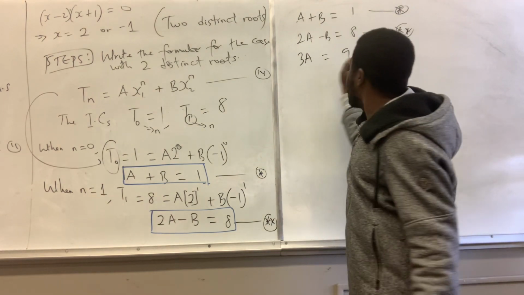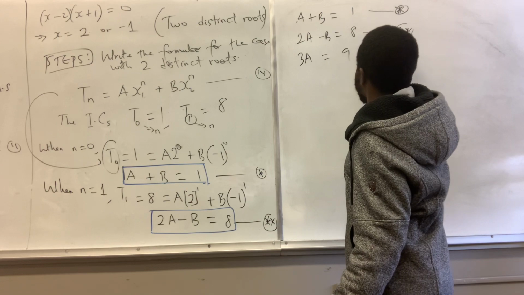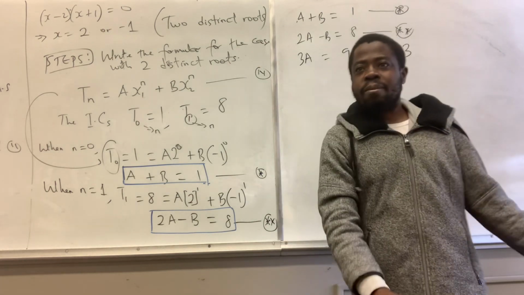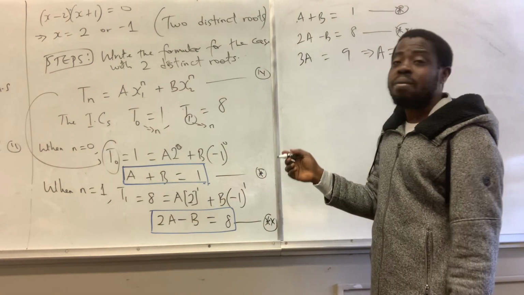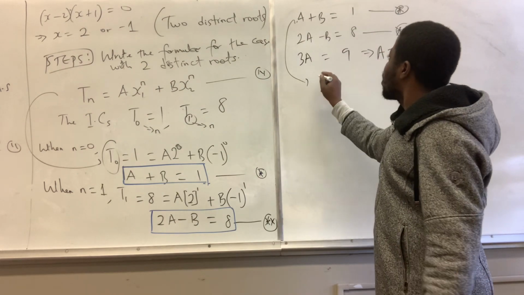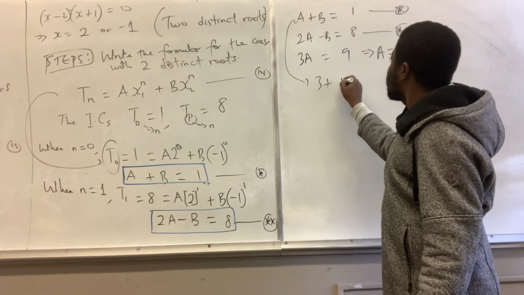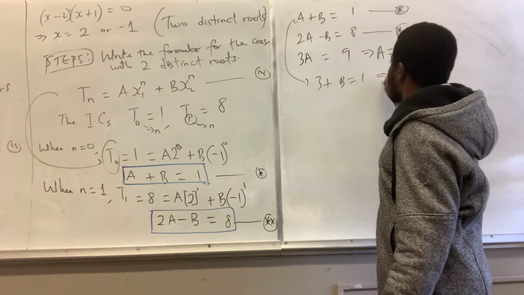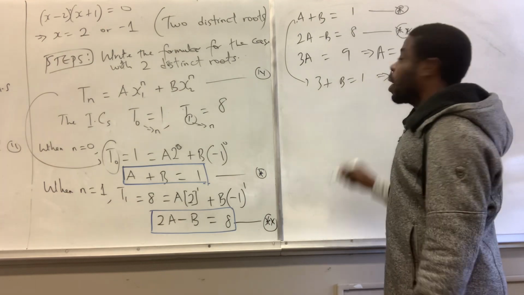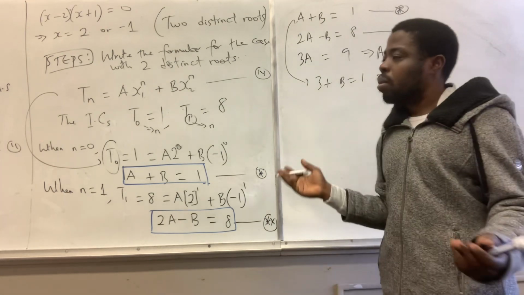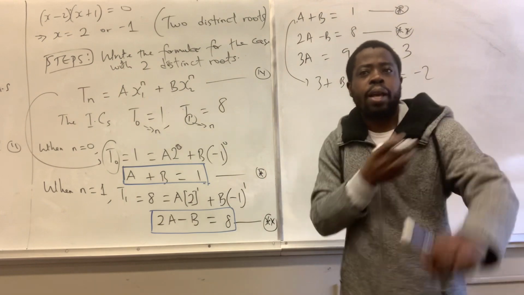This implies A is 3. And what's your B? Therefore 3 plus B equals 1, which implies B is negative 2. Look at that.